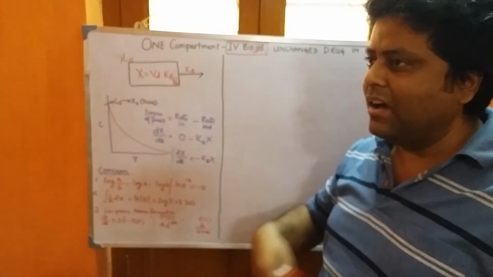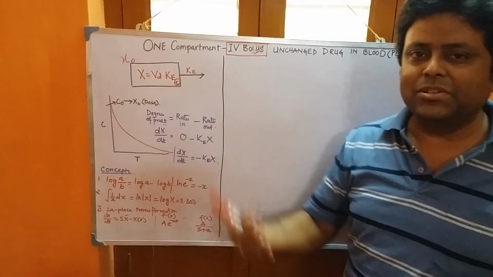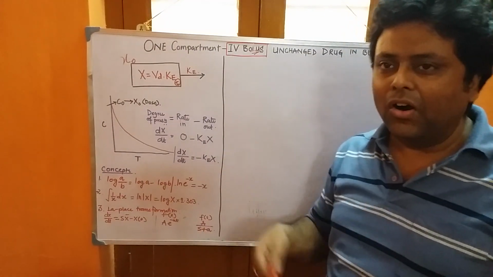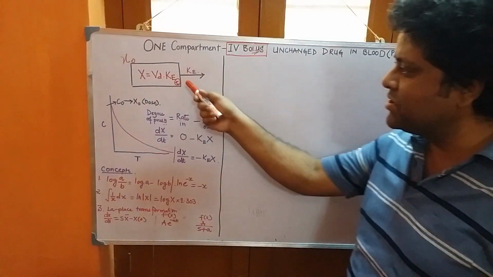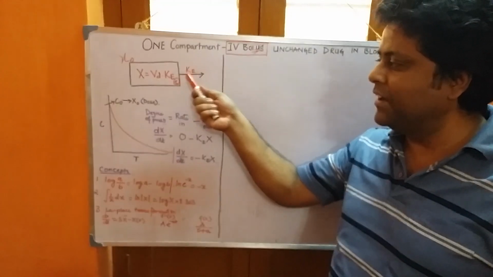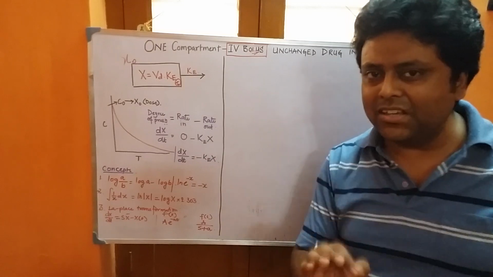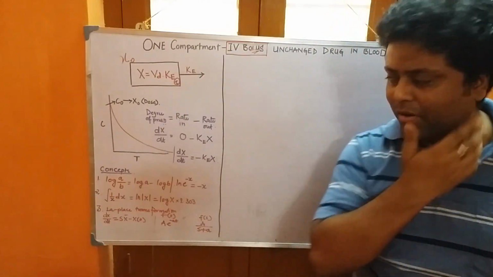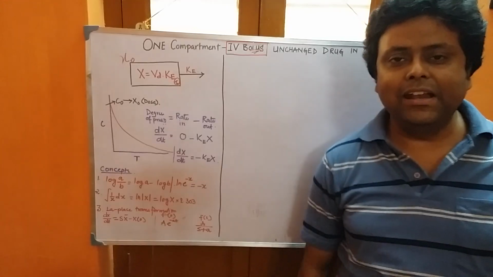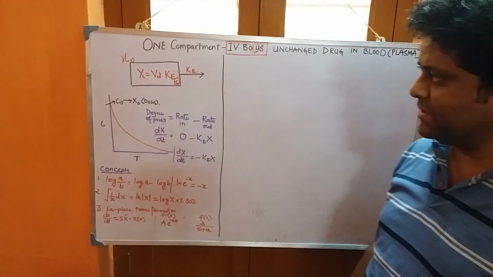So that drug, soon after reaching the systemic circulation, starts eliminating, or the elimination process starts. So there is a rate out process, which is a first order rate process, which we name KE, or elimination rate kinetics.